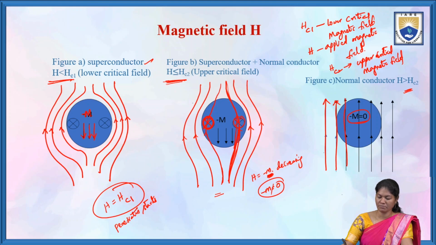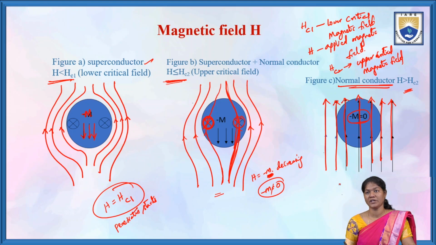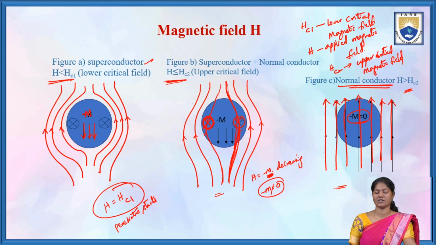When minus M becomes 0, immediately the magnetic lines penetrate and it converts completely into a normal conductor from the superconducting state.